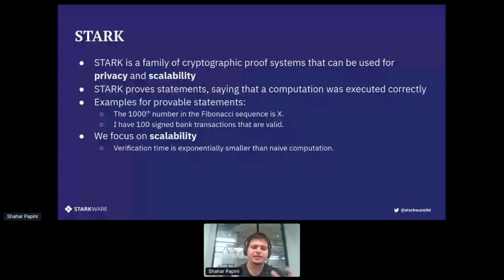So if we can take this huge computation of tens of thousands of transactions and compress them to a small proof with very small verification time, then the blockchain needs to work a lot less, and it's a lot cheaper to use this. So this is mainly what we do today, though Starks have the capability of being zero knowledge and preserve privacy as well.